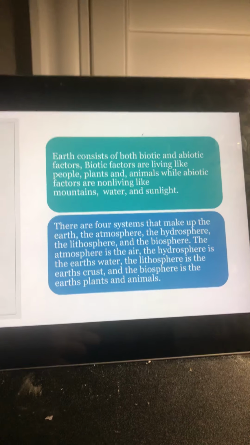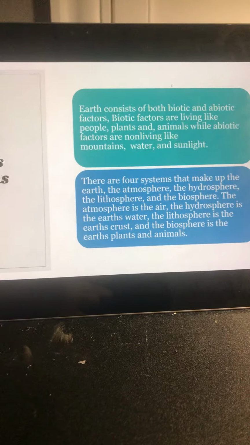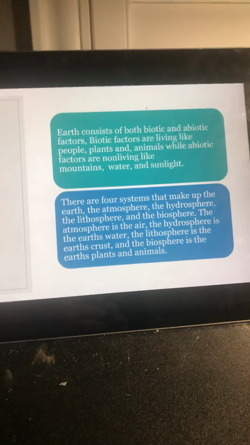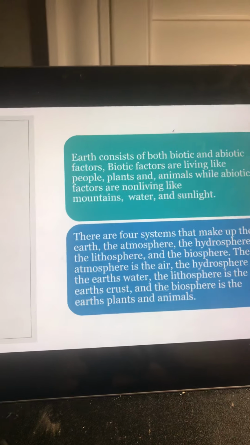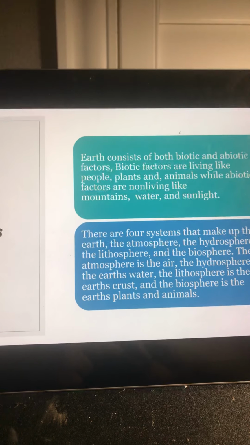The hydrosphere consists of all the water, which also probably means all the fish, and if we want to go for a stretch, all the icebergs, because icebergs are technically a form of water, and they're actually a majority of our fresh water, so that could also be a form of the hydrosphere. And the lithosphere, which is the Earth's crust and the core and all of that stuff. And the biosphere, which consists of all the animals, plants, and all of that kind of stuff.